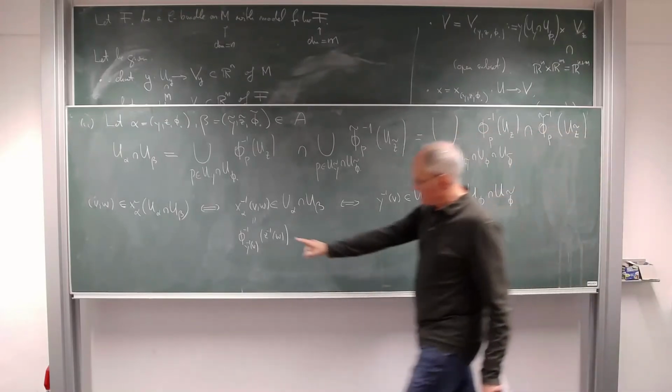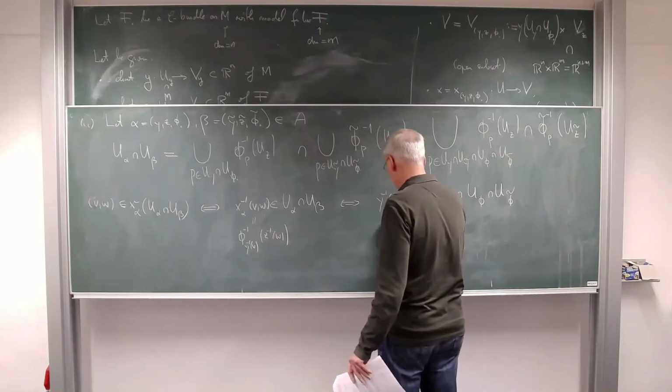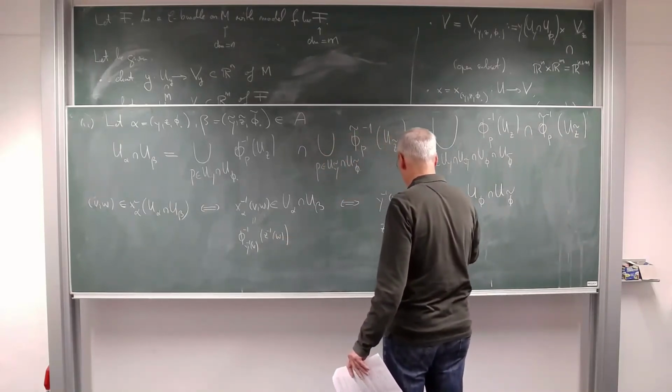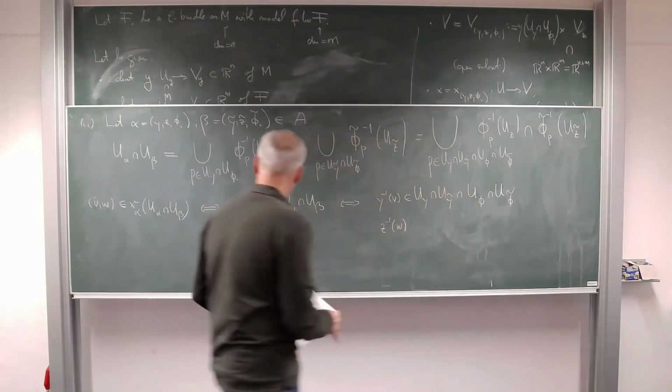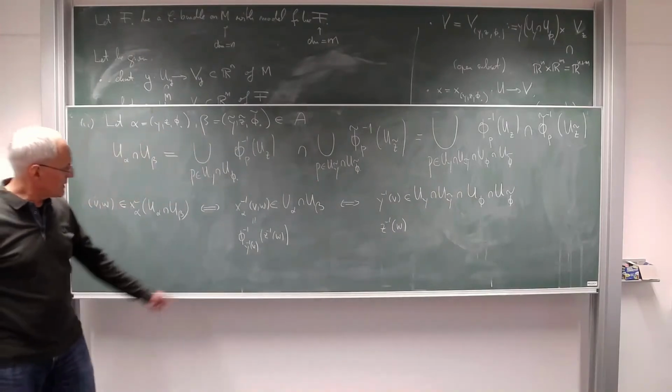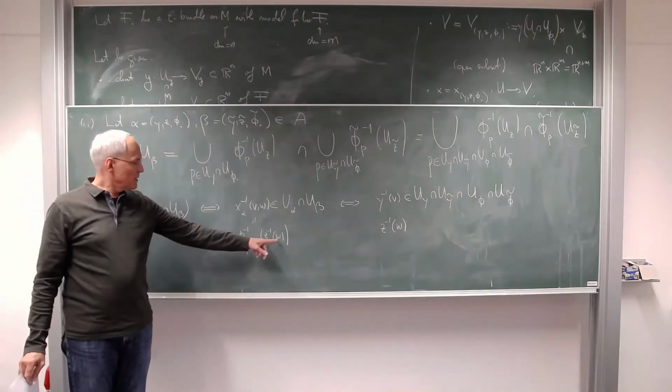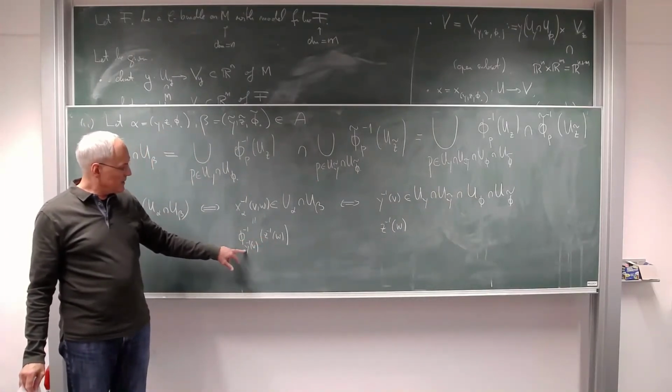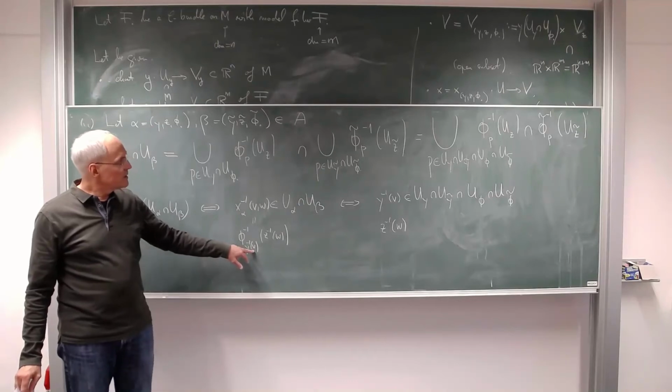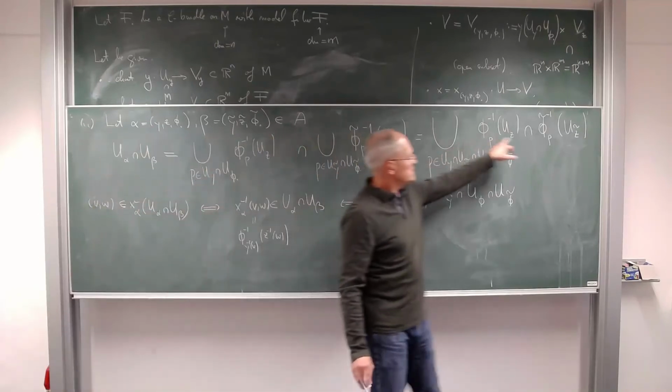And what about the z to the minus 1 of w? Well, z to the minus 1 of w must be in phi, y to the minus 1 of v, applied to this set.